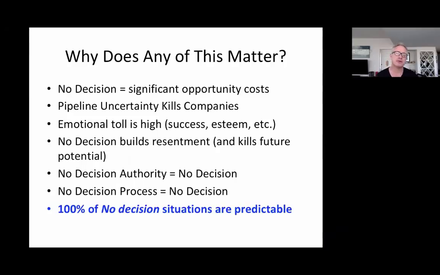I've done this for 2 decades at this point, going into opportunities and saying, okay, what went wrong? What happened? What could we have done differently? I have never in my entire career come across a situation where, when we go back and look at it, and remember, hindsight is 20/20, so I get that, the ability to understand the decision process, the decision authority, or lack thereof, wasn't possible.